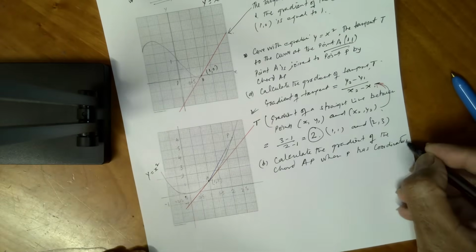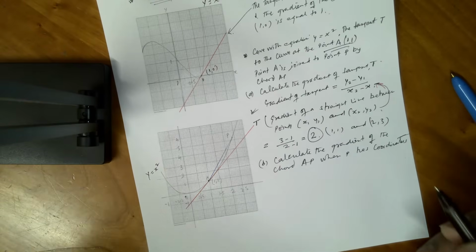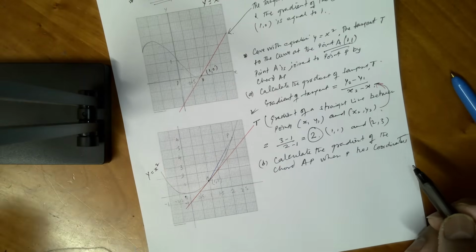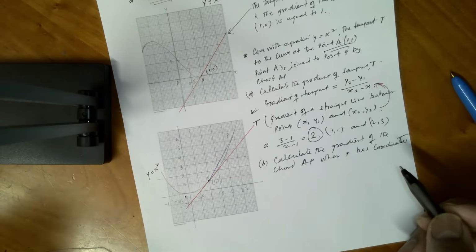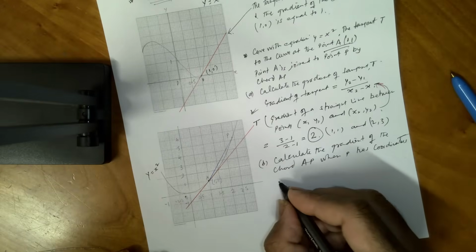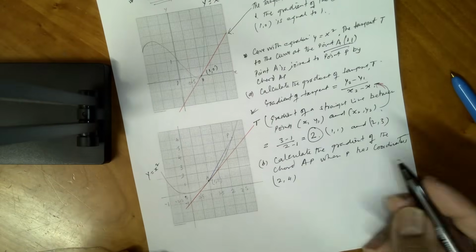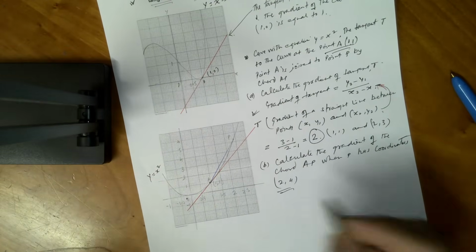All right. So let's say P has a coordinate 2 and 4.